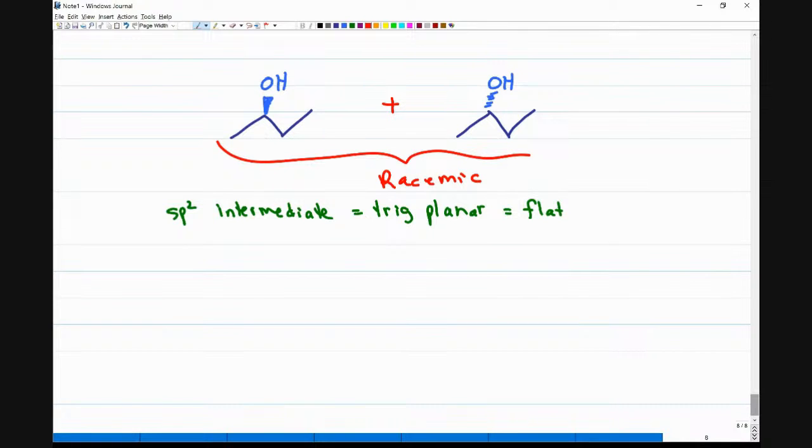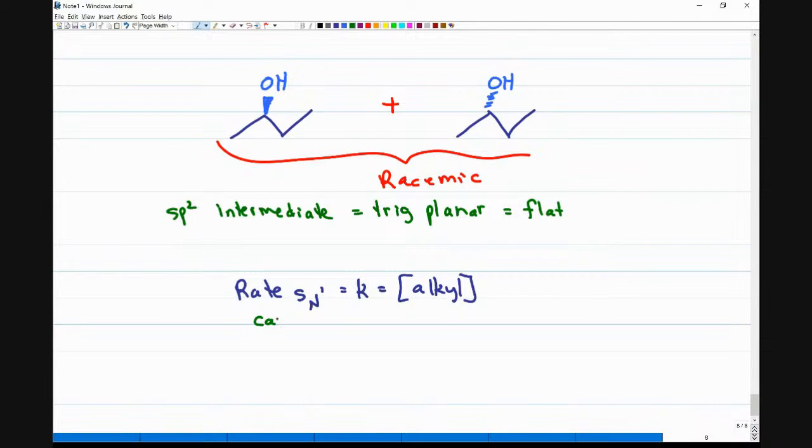I told you that the carbocation was a really, really slow step, and that means the rate of an SN1 reaction is going to equal some constant K times just the alkyl halide, because as soon as the carbocation forms, it immediately is going to finish with a final step, and that's it. So what do we need to know and recognize for an SN1 reaction? We have the rate.